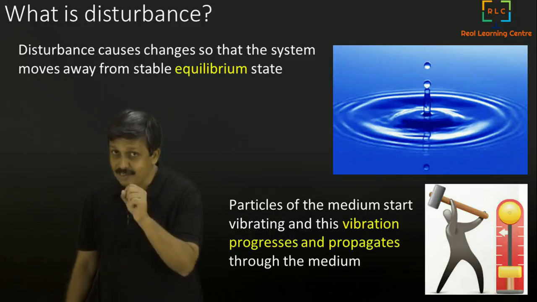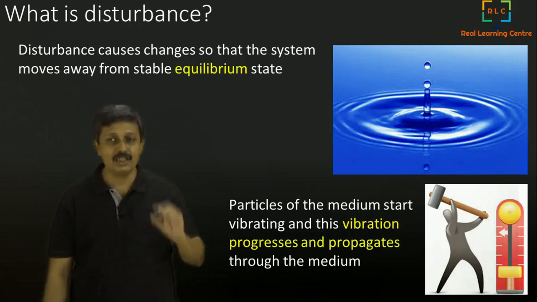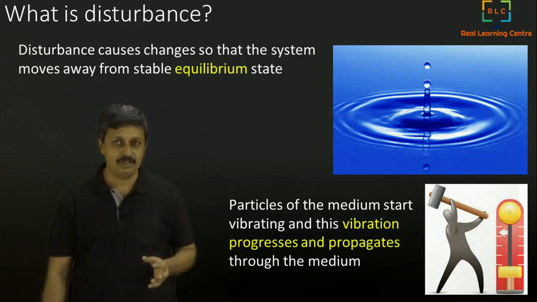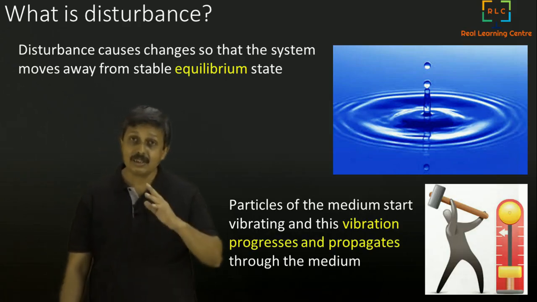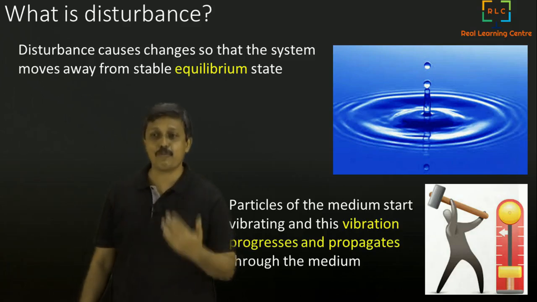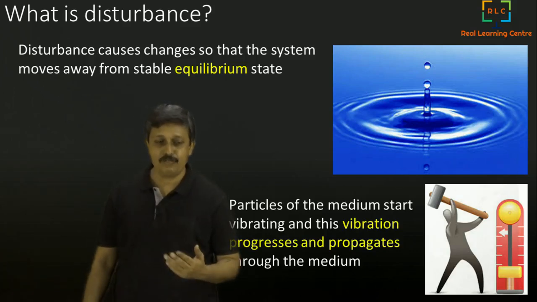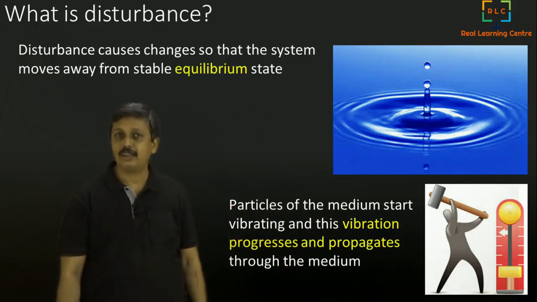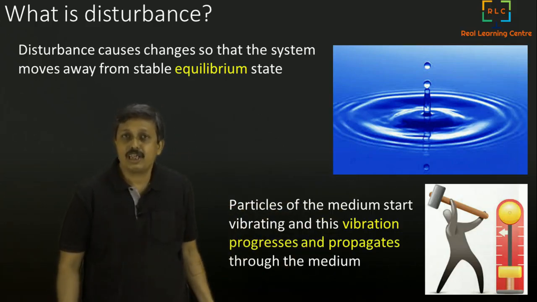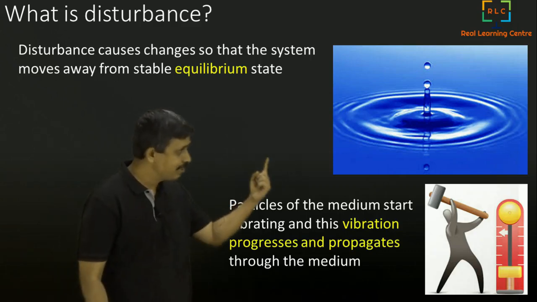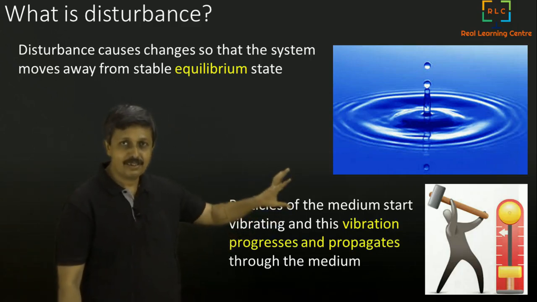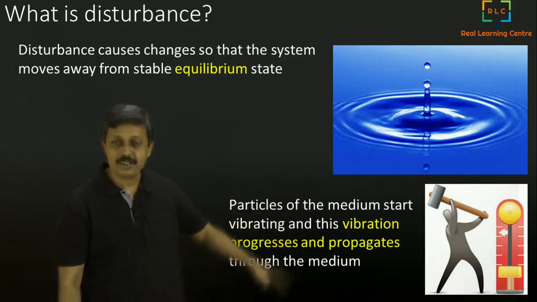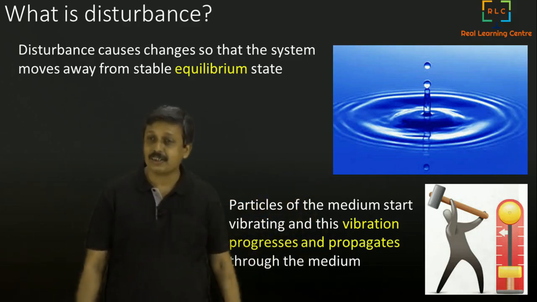So a wave requires a disturbance. If there is no source of disturbance, then a wave will not get created and will not get propagated. If you hit a bell, till now it is in a complete equilibrium state. The moment you hit it, the bell suddenly starts vibrating.